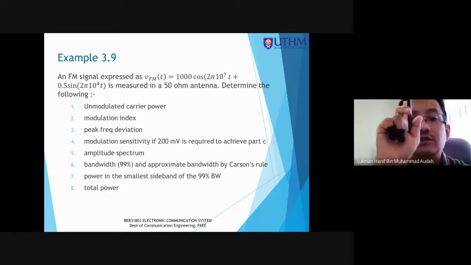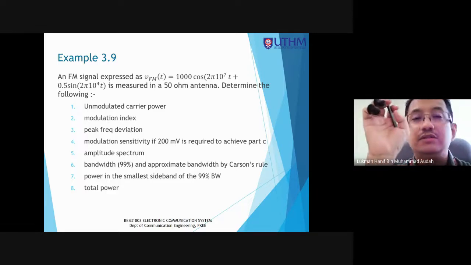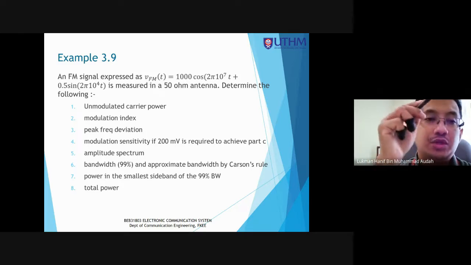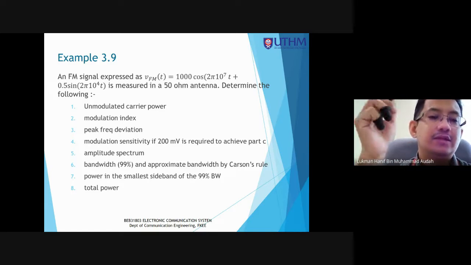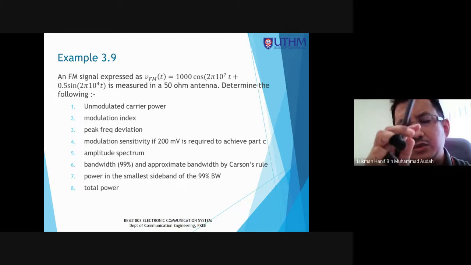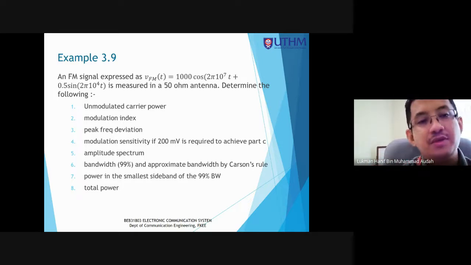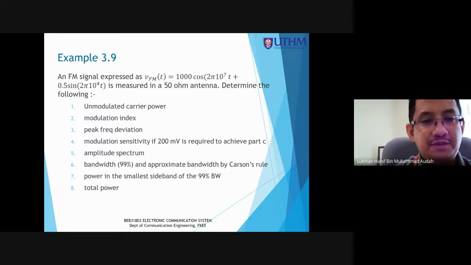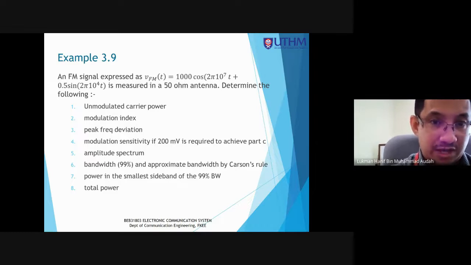Setiap chapter ada satu soalan. So kita ada 5 chapter, therefore we have 5 questions. And each question is 20%, so 20 marks. So 20 times 5 equal to 100. Okay. So example 3.9, in this example, BFMT is equal to 1000.